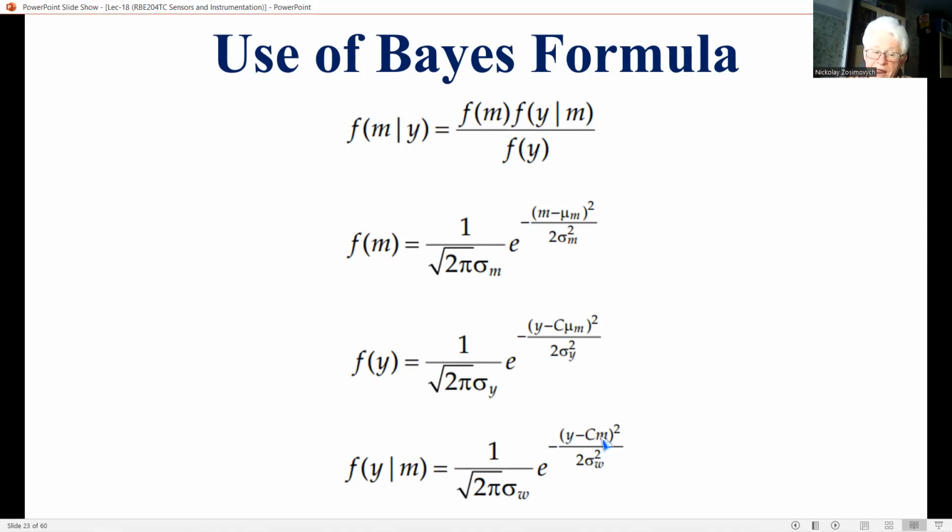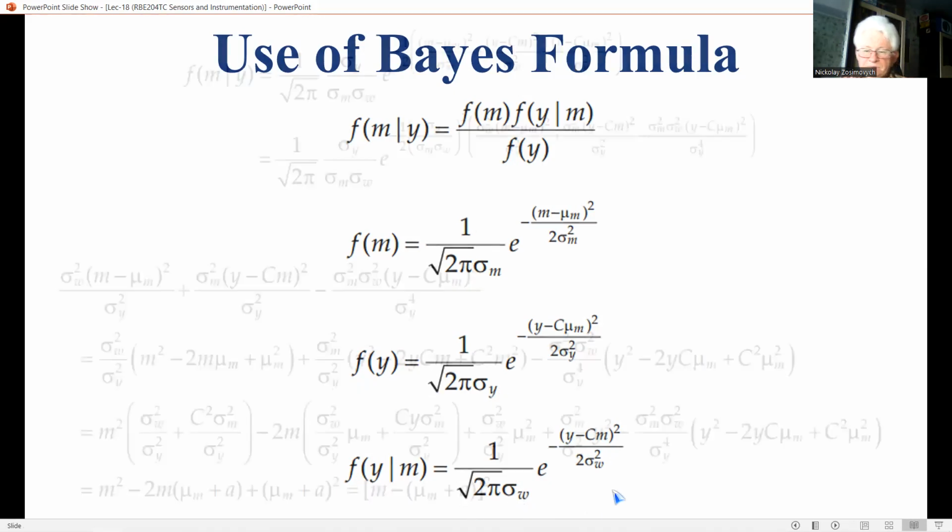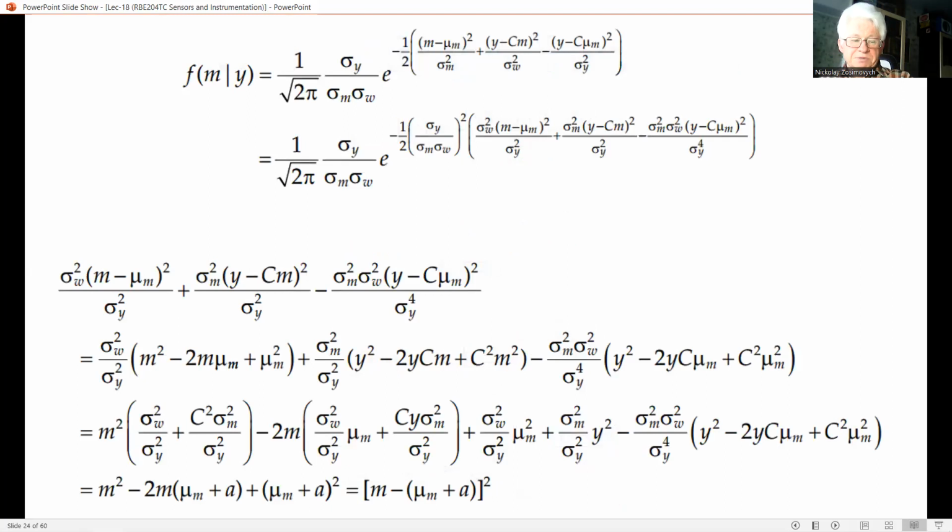W is zero mean, and hence we have this equation as the PDF. Substitute these three PDF equations into the first equation, and now manipulate the exponent term in the final expression into the following, which will be very simple: M minus the bracket of mu_M plus A, all squared.